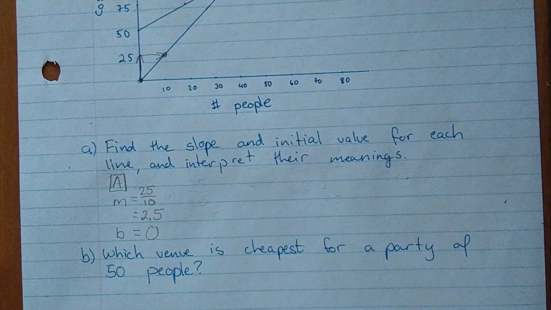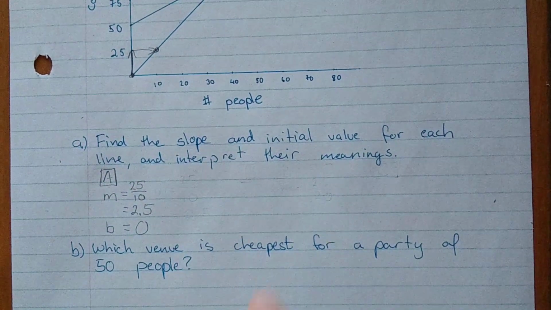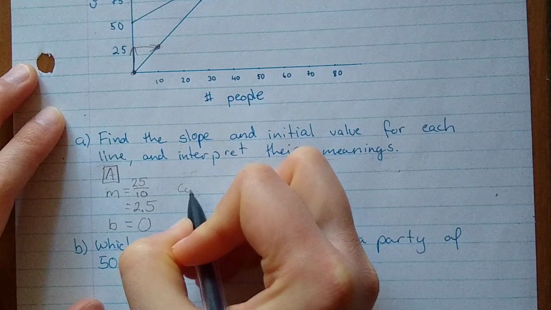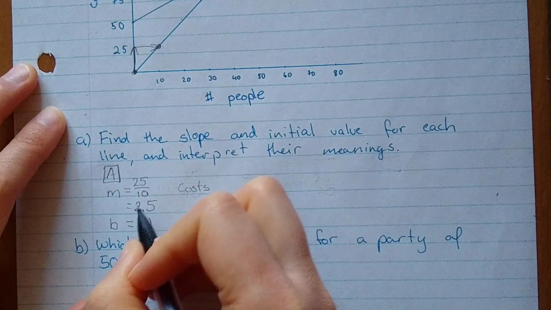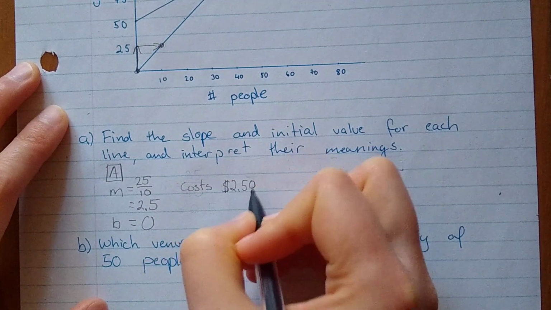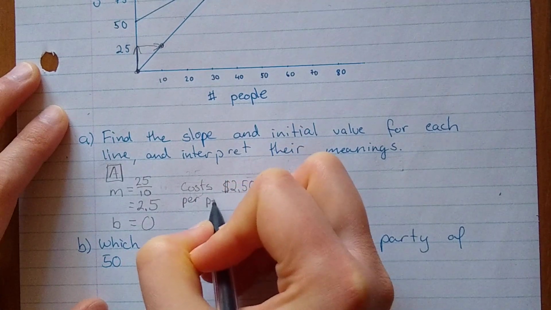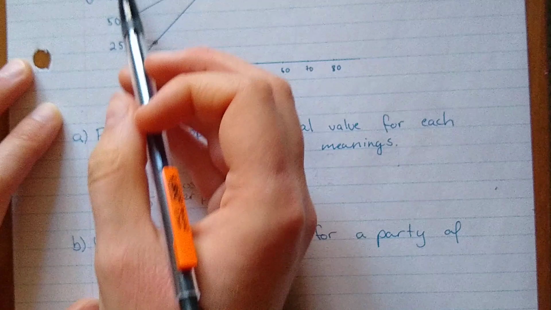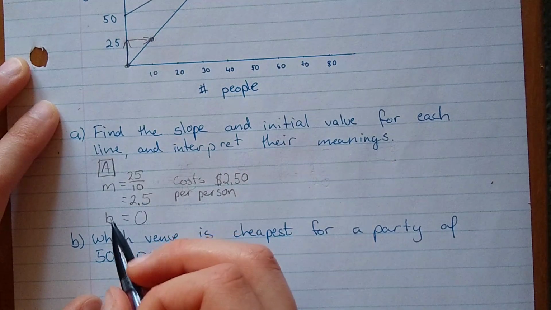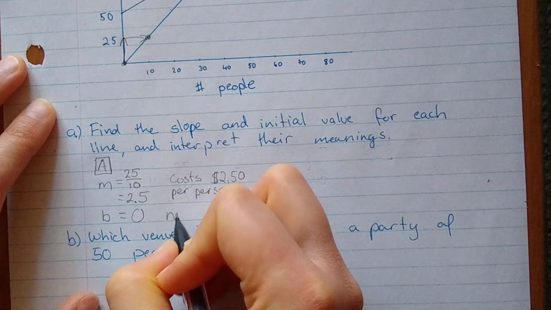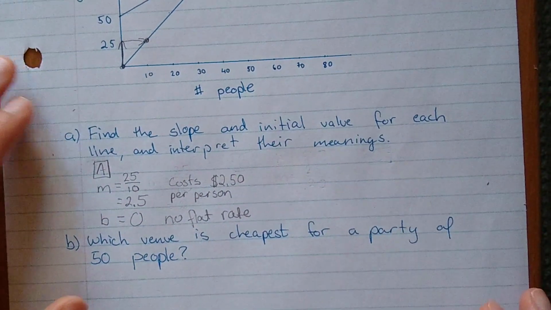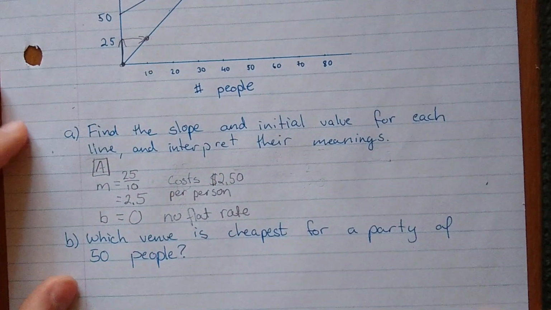So what this means in terms of interpreting their meanings is that it costs 2.5, or $2.50, per person. So once again, the cost is like our rise, per the run, which is the number of people. And because there's no initial value, that means there's no flat rate. There's no rate that you have to pay at the very beginning or initially, you just pay per person.